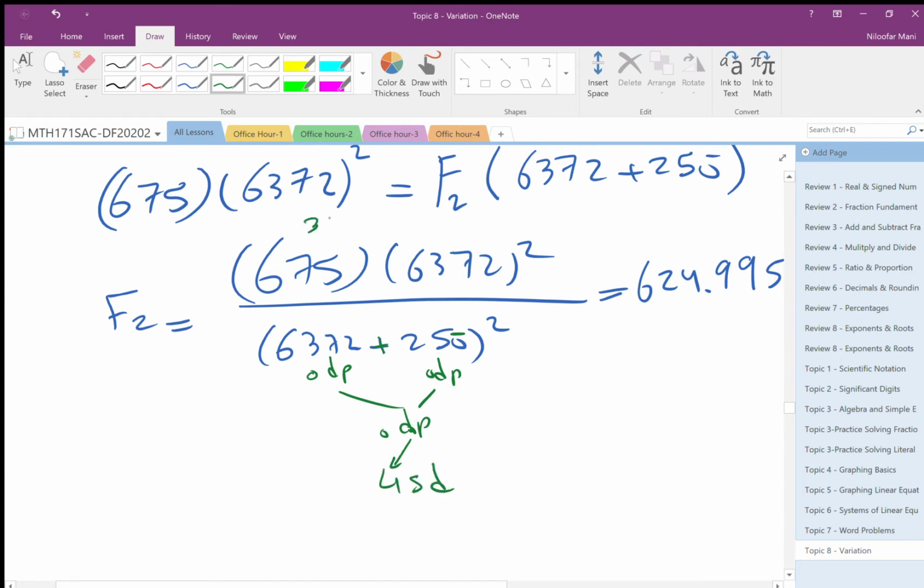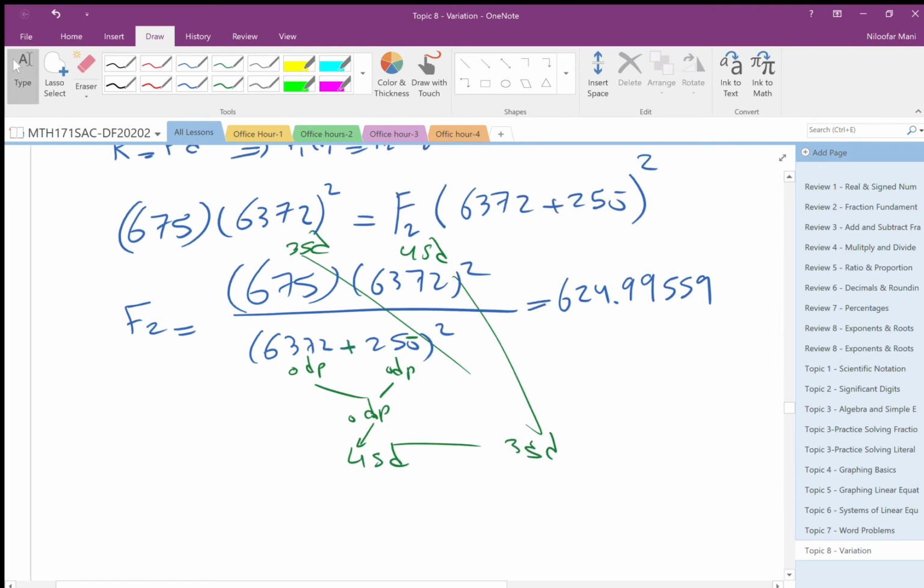But this is three significant digits and this is four, so I need to round to three significant digits. I underline that, and it is almost 625 Newton.